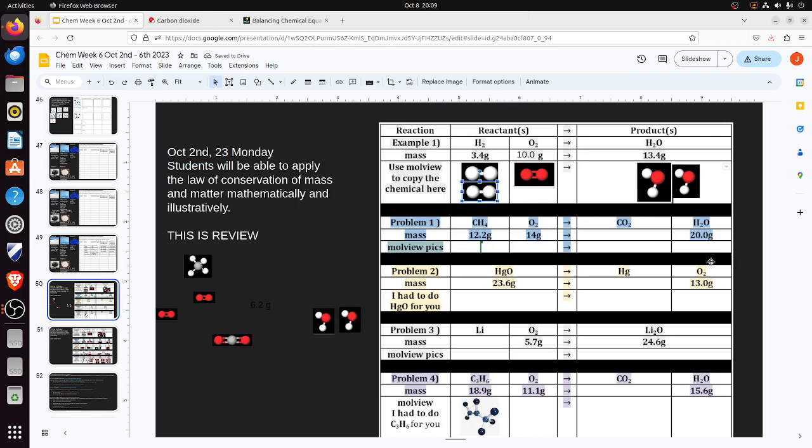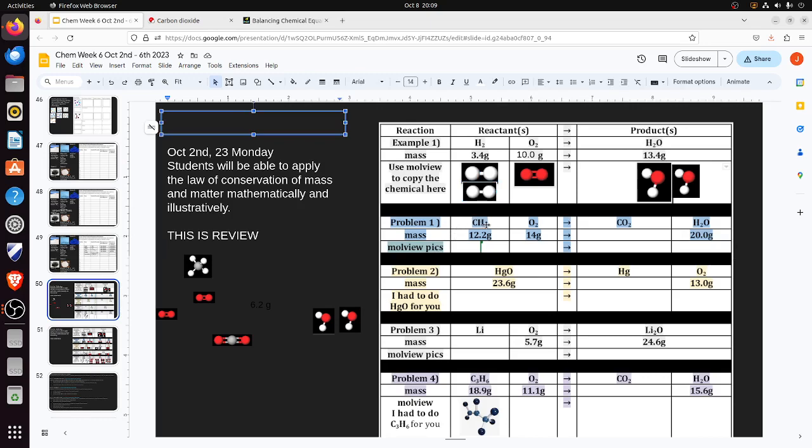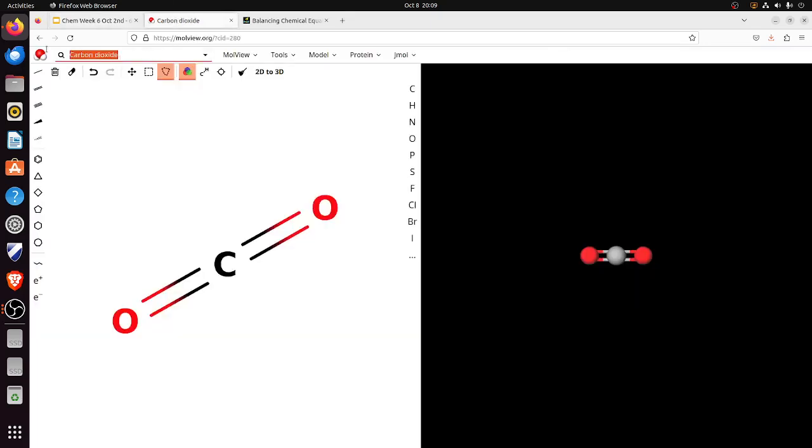Now, I'll do one more example problem for this video. Methane, CH4, which you can go to molview.org and type in CH4 and then press enter. And you get the structure of methane. At least you should.